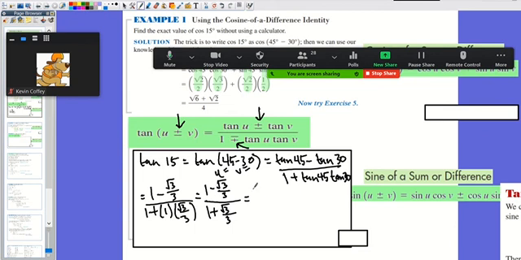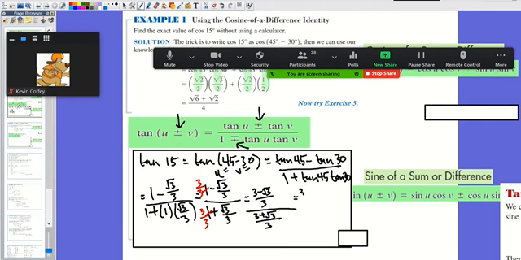I'm going to rewrite the 1 as 3 over 3, and then I'm going to get 3 minus root 3 over 3, over 3 plus root 3 over 3. I can write it right here and save myself some space.